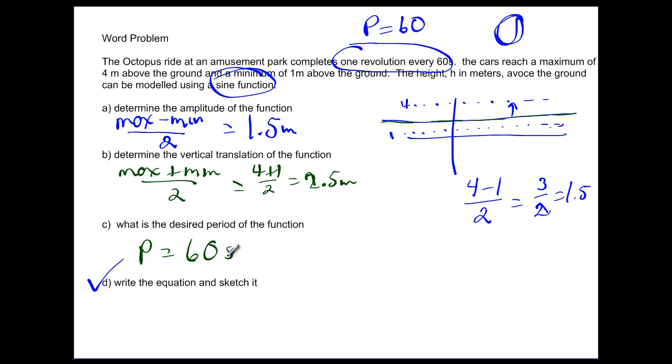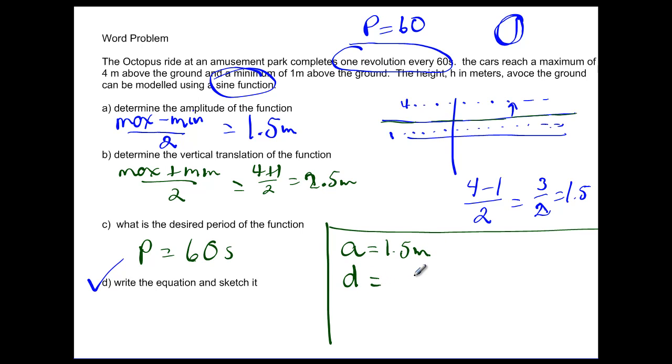So the equation now has to fill all of these critical bits of information. So here we go. I'm going to write over here that the amplitude, which is the A value, is 1.5. The D value, which is our midline, is equal to 2.5. I don't really need the units here.